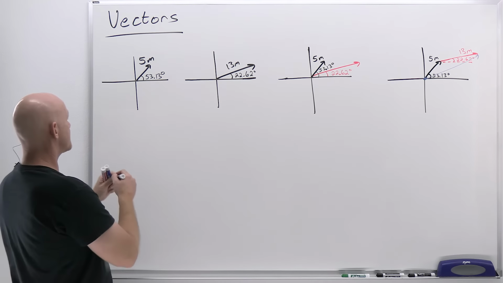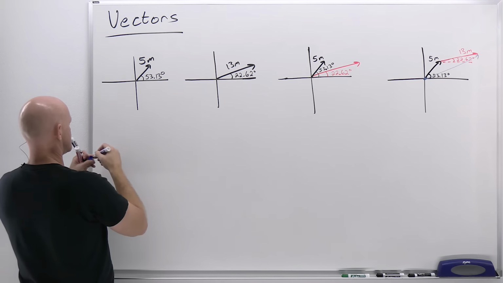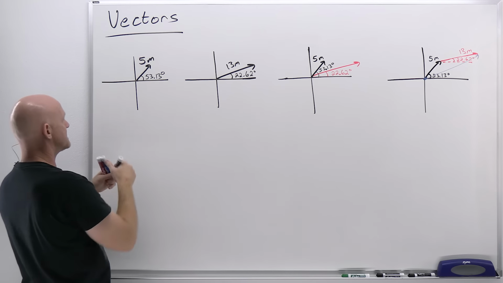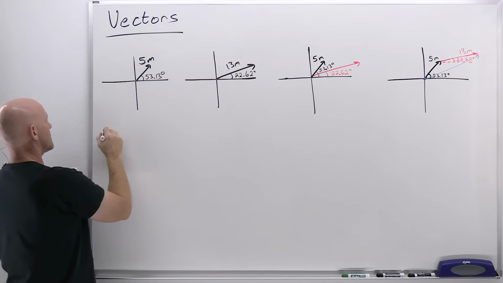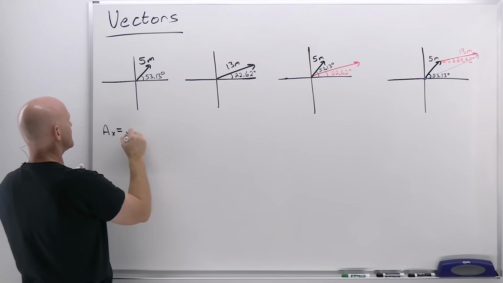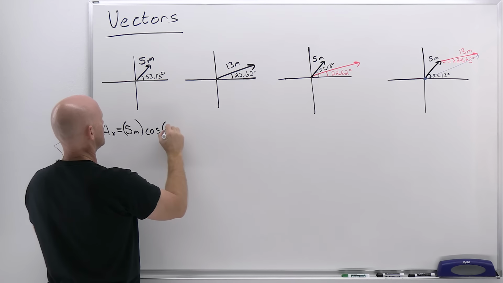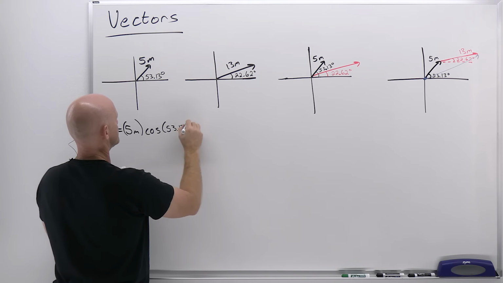All right, so for this first one here, we're going to have an x component and a y component, and this should look a little familiar with that 53.13 degrees. The x component, I'll call it ax, equals 5 meters times the cosine of 53.13 degrees.